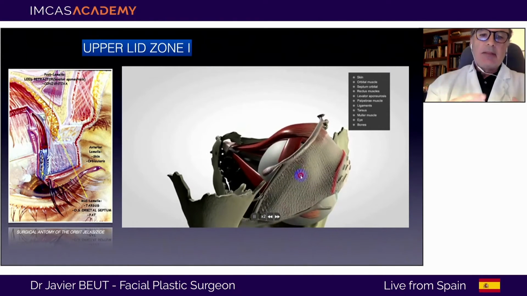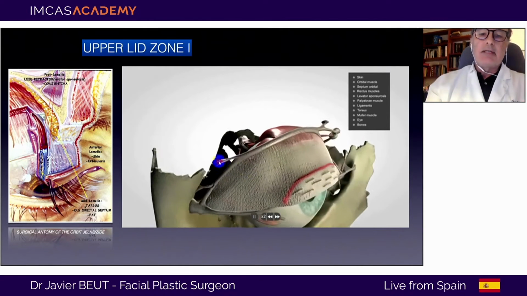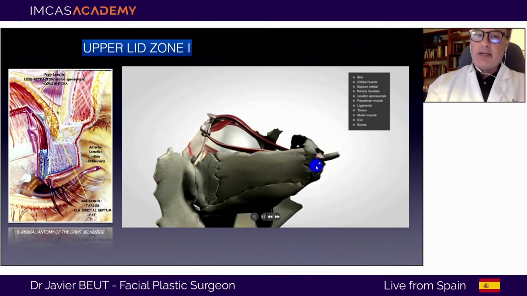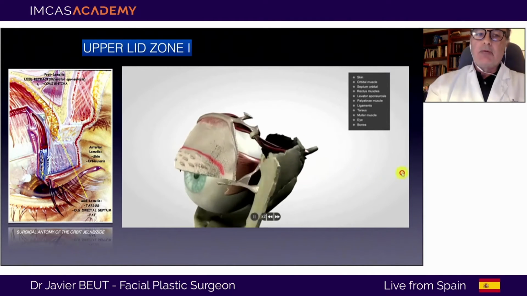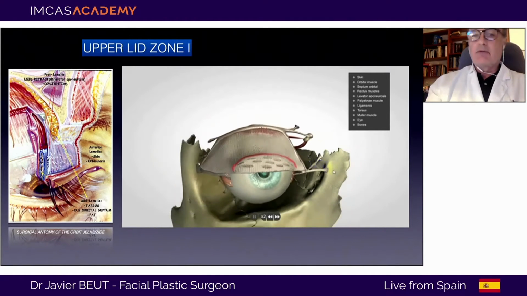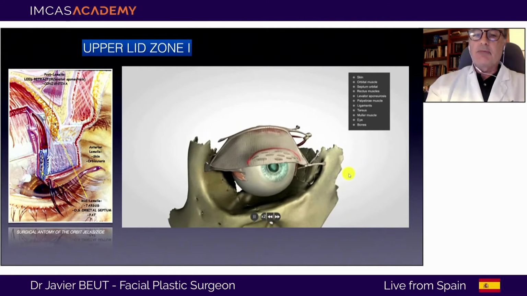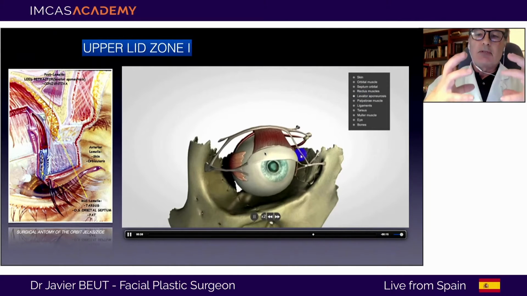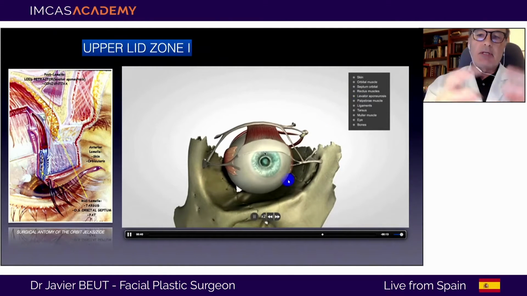Then the mid lamella is the tarsus, the orbital septum, and the fat. Finally, the posterior lamella is the lid retractor, the levator aponeurosis, and the conjunctiva. All this is very important, because the eyelid is related to the movement of the globe. So whatever we do affects this region.